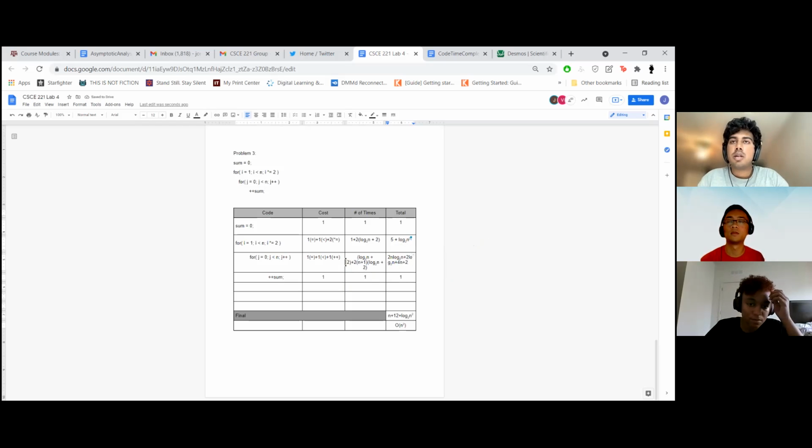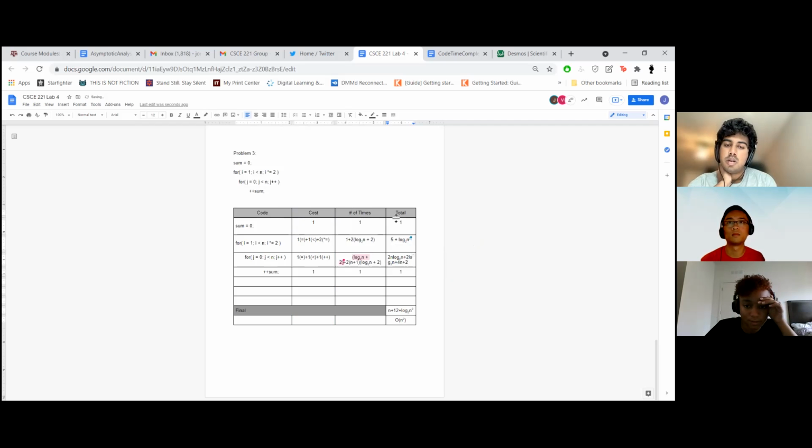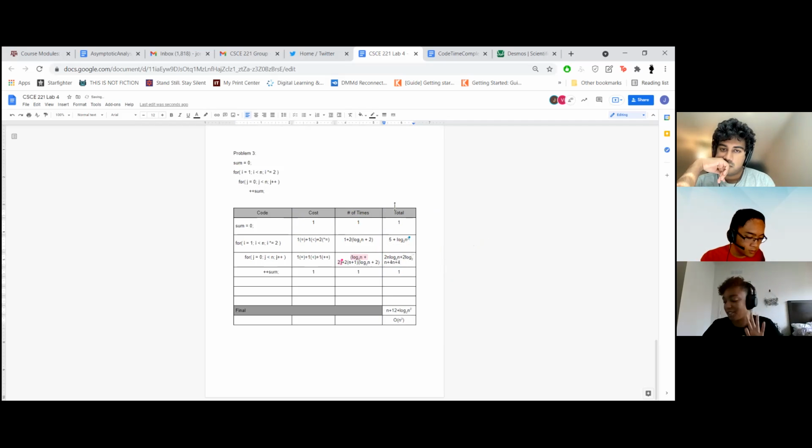Let me highlight it. Is this what we got? Yeah, I got a plus 4 at the end because, or wait, I didn't add the twos together. I had 5 different values and about 4. Okay, 2 times 2, that should be 4, so it should be plus 6 at the end.